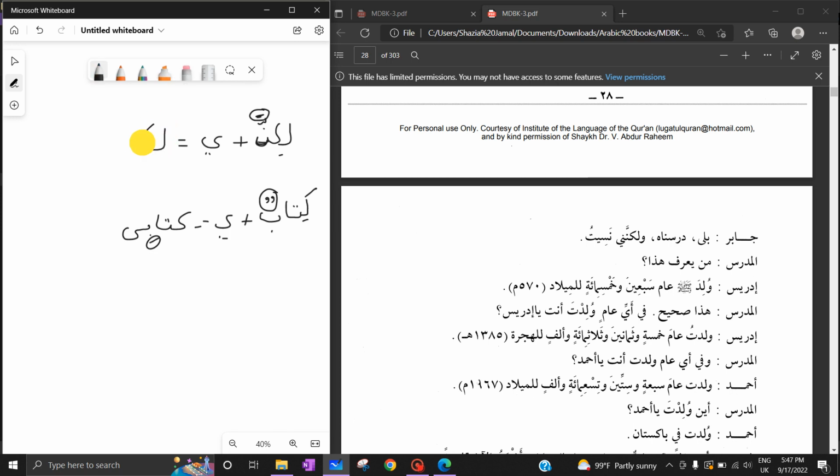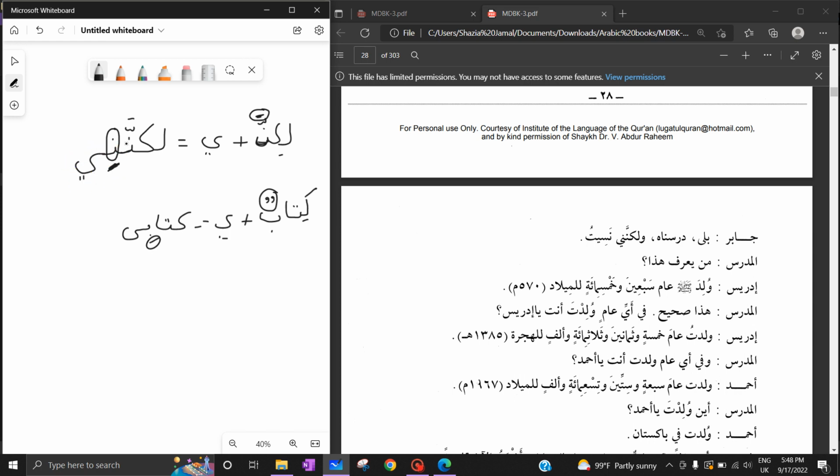Lakin, this is kinna, and we bring another noon here, noon al-wiqaya. Now this extra noon comes here to take the kasra of this ya mutakallim.